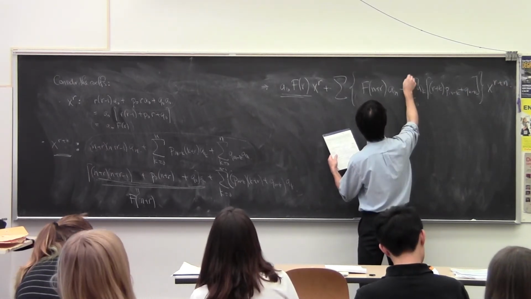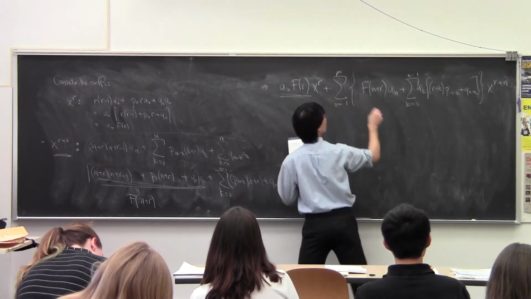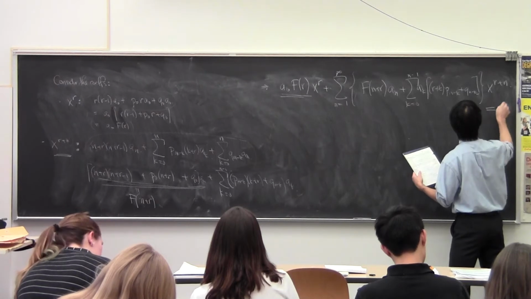K goes from 0 to n minus 1, and here n goes from 1 to infinity. And this all sums to 0.